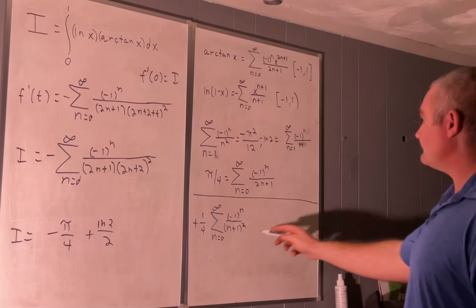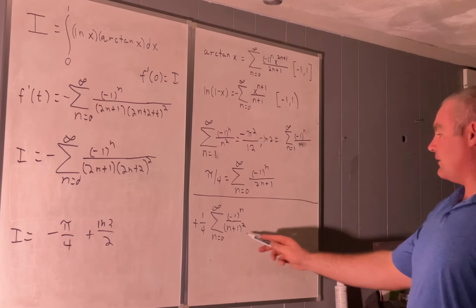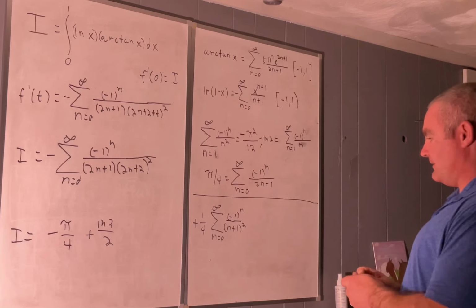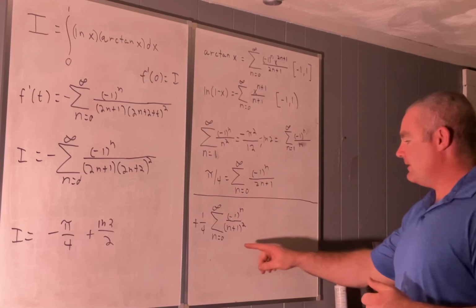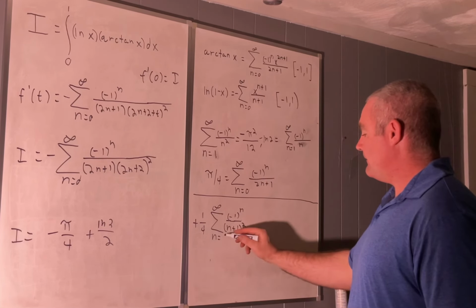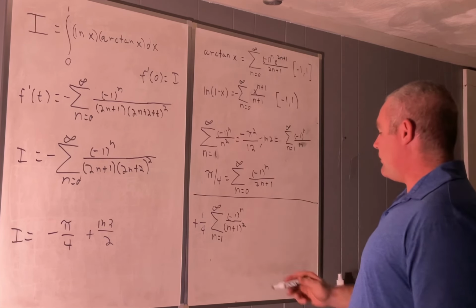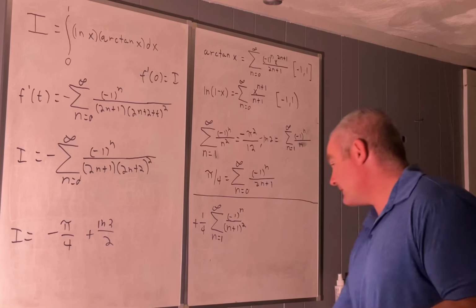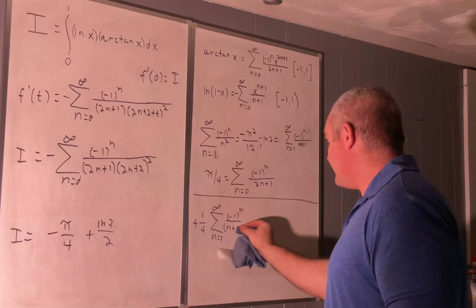Okay. For this thing right here, we're going to perform a similar manipulation. We will increase the index by 1 and subtract 1 from all our n's. That will make this an n squared on the bottom.